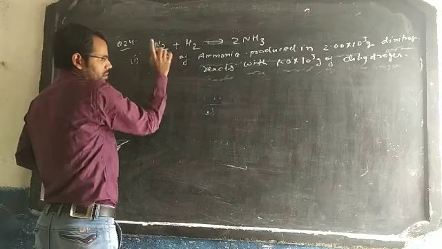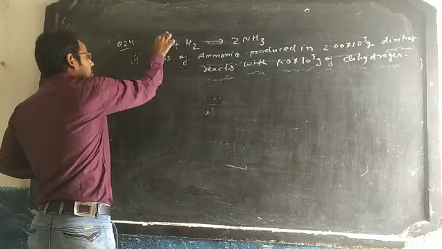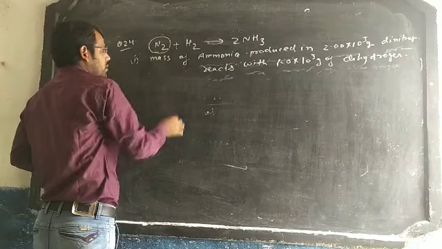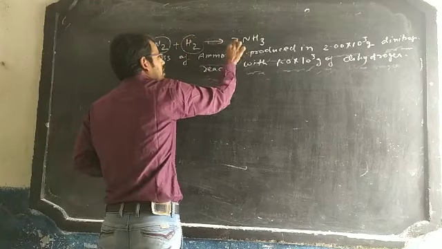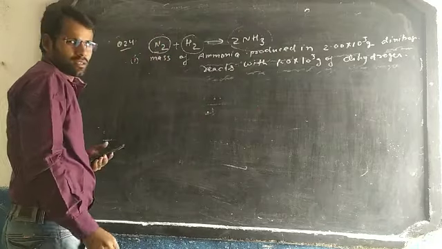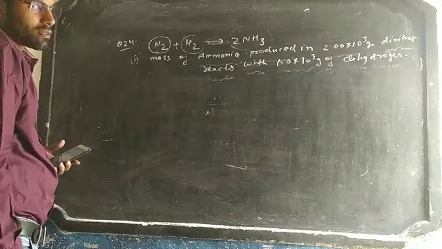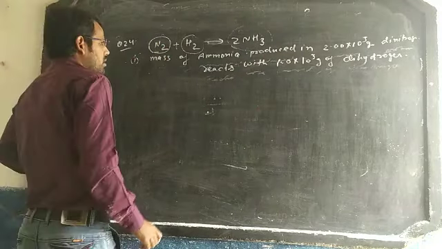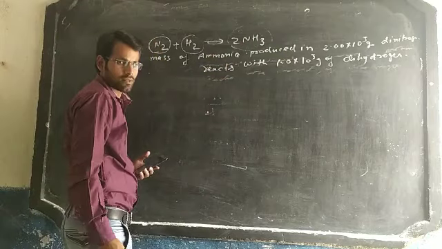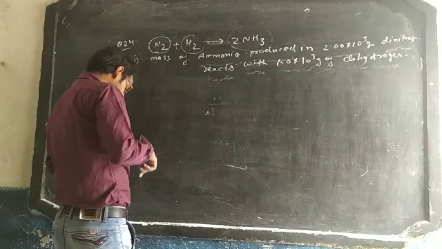The mass of the nitrogen is given and the mass of the hydrogen is given, but the mass of the ammonia is not given. According to the law of conservation of mass, we can find the mass of the ammonia produced.